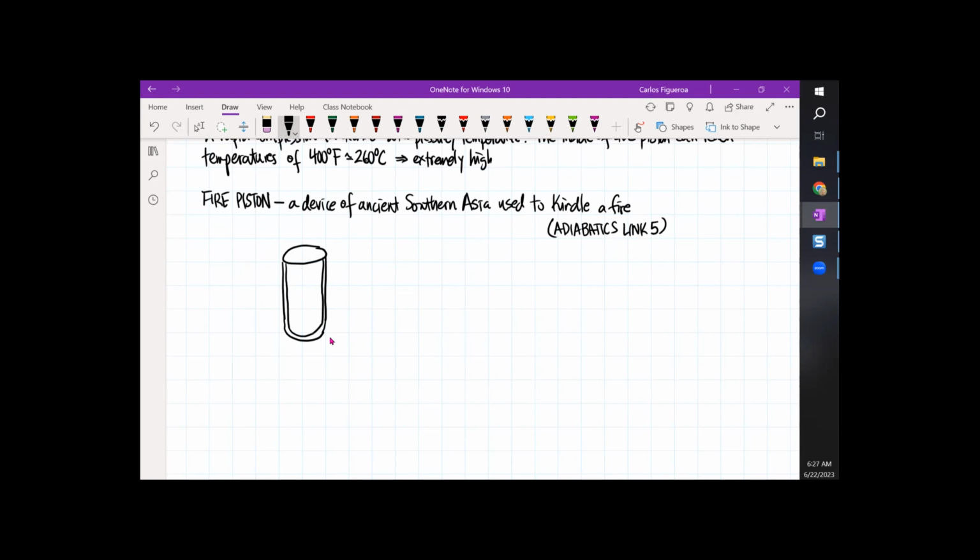Then I have my plunger or my piston head, and it moves within that container right there. Up here you have the plunger, the handle of the plunger.